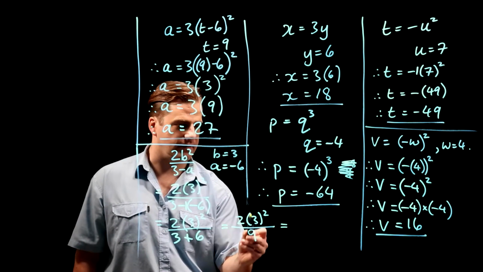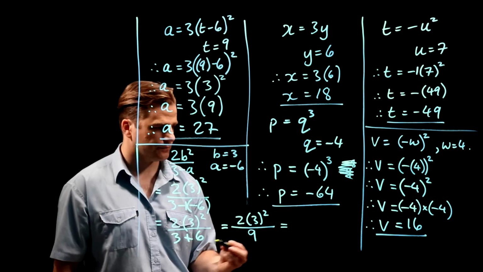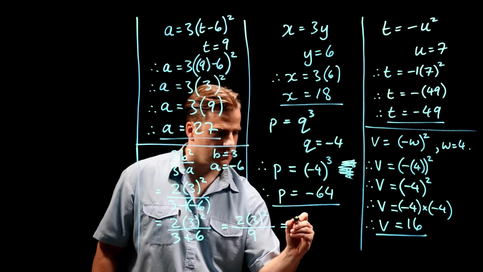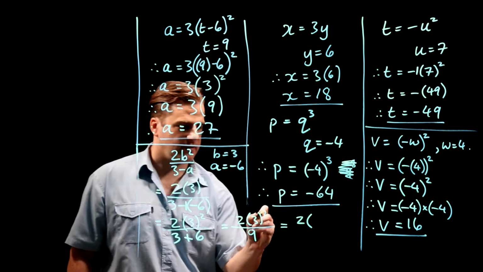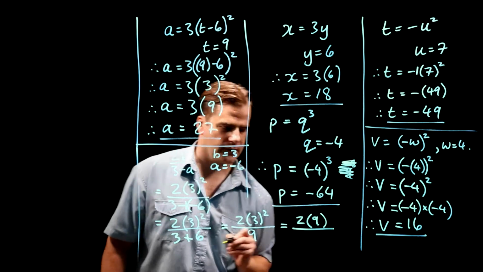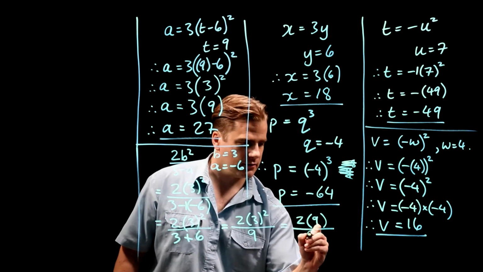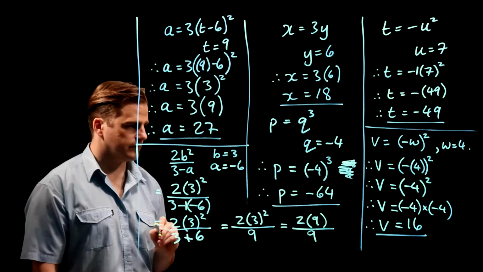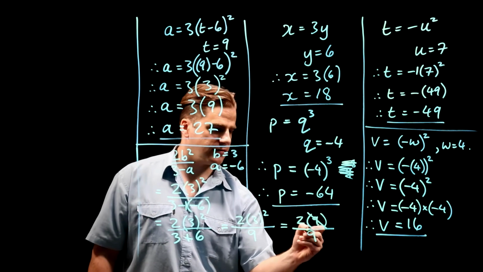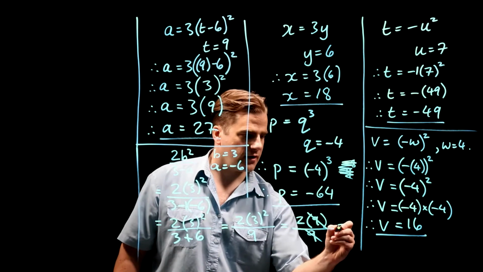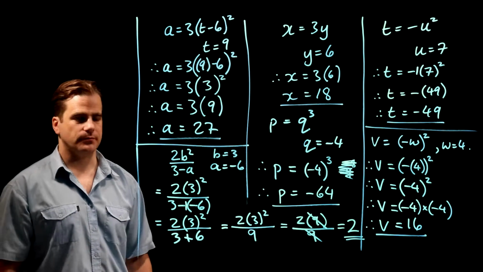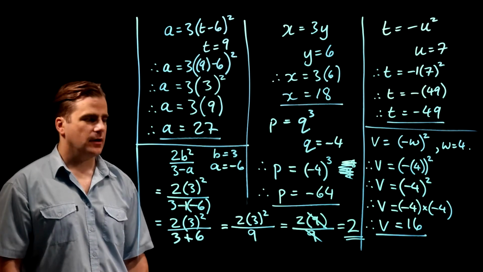So we do the indices first. So we do 3 squared first. So 3 squared is 9. All over 9. Okay, so it's 2 times 9 divided by 9. We can cancel the 9s, and the final answer, it just evaluates to 2. Good.